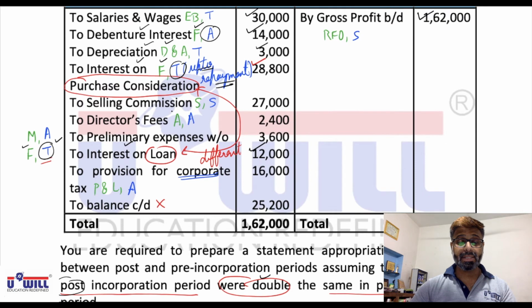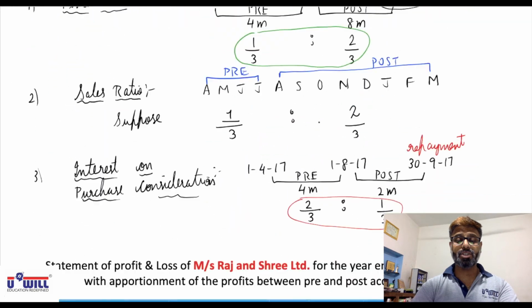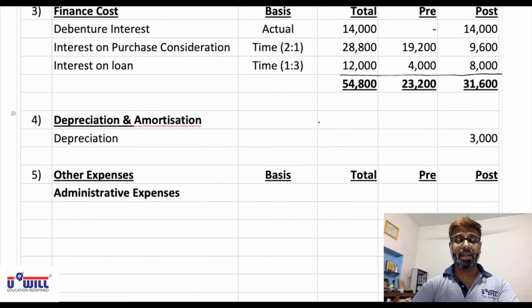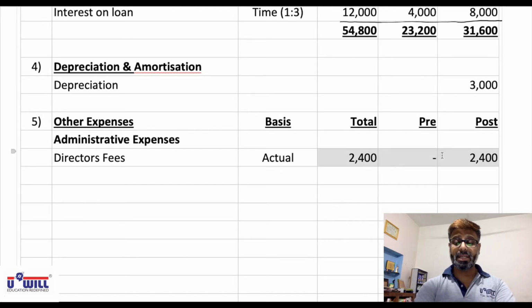Only one item is there, director's fees, and that goes on actual basis, 2,400. So director's fees, basis actual, total 2,400. The entire amount on actual basis will go in the post incorporation period. Only one amount is there, so that itself will be the total.